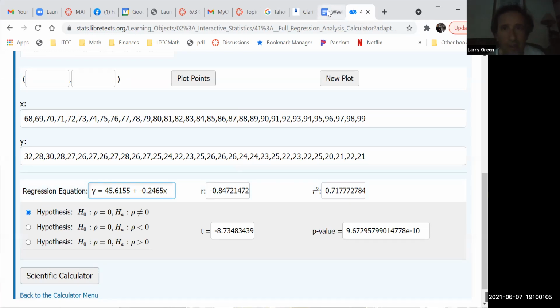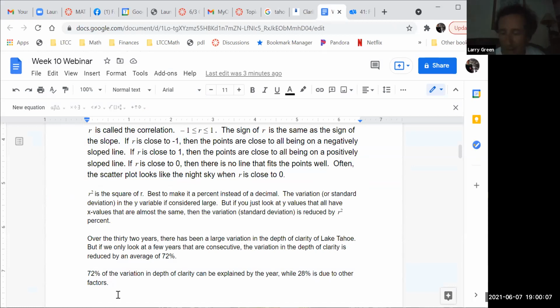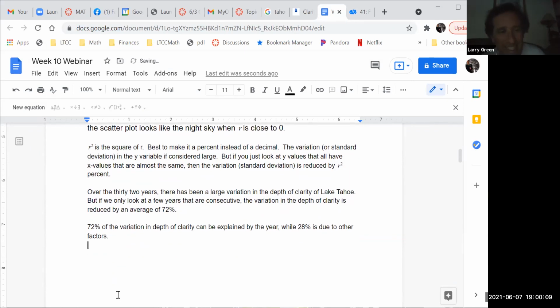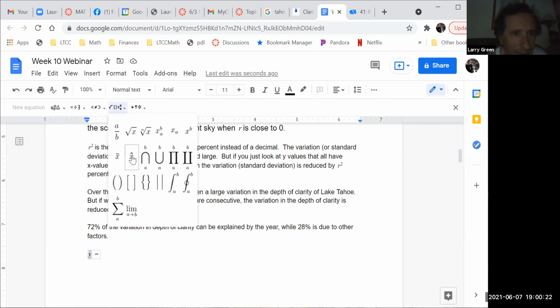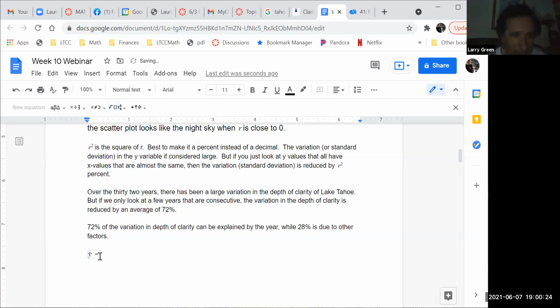Okay, the good news is that it's not that hard to do a Y hat with Google. So Google likes hats. I just go to equation, I go Y, and then I highlight the Y, and then I make a hat happen. I think it's there. There it is. And there's my Y hat. Still hard to see, but at least it's got a hat.